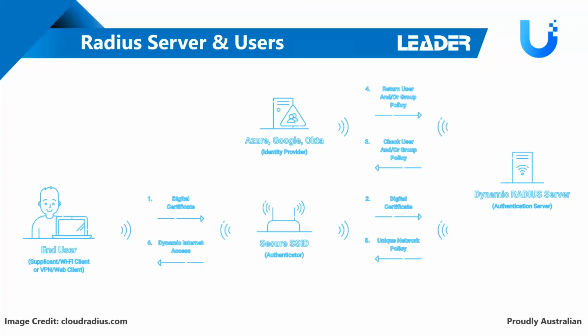With Radius authentication, what we do is we create a unique username and password for each user. So if a breach happens, you know exactly which user leaked that username and password. The benefit of this as well is if it ties back into something like Azure Active Directory, for example, you can force that password to change at certain intervals.